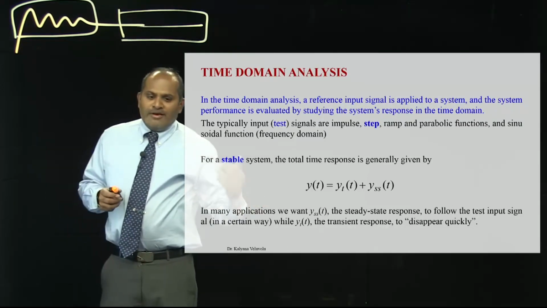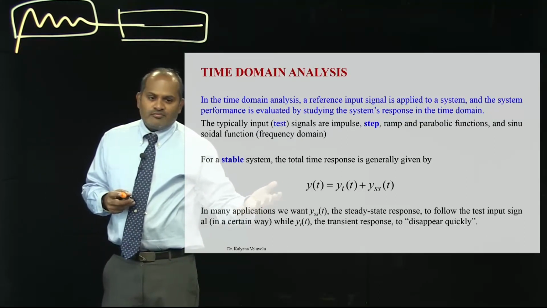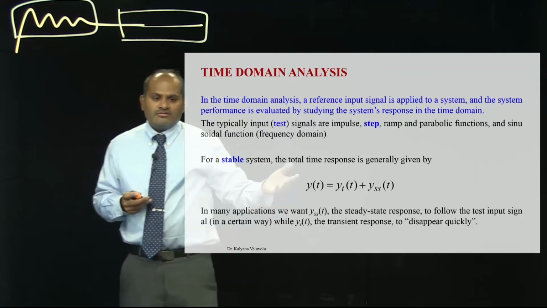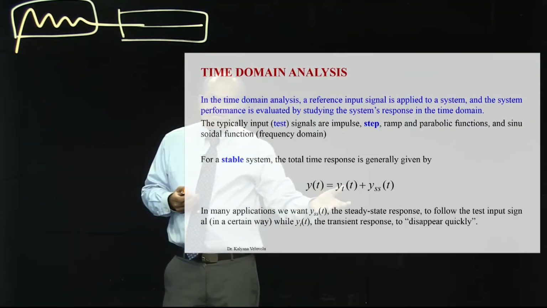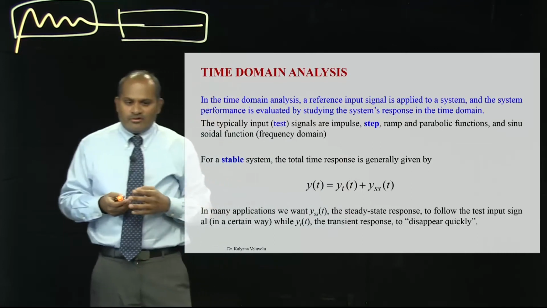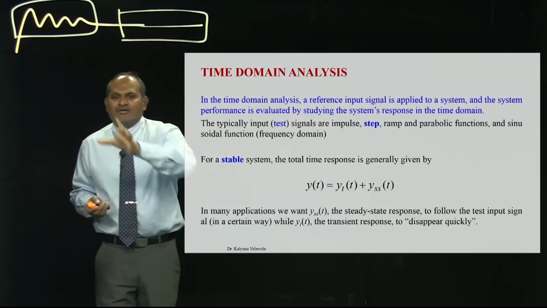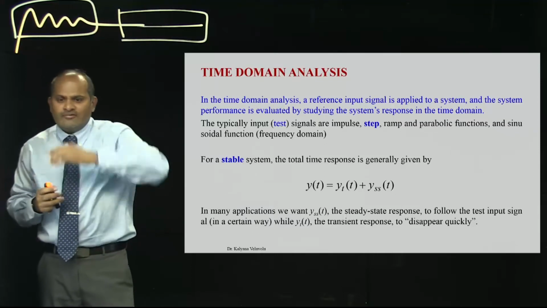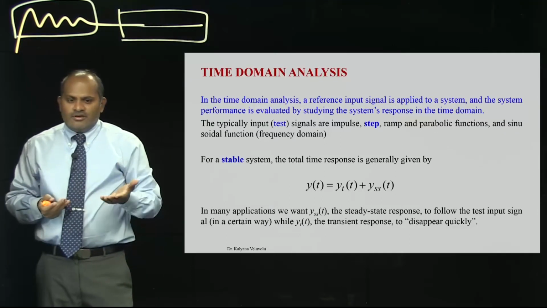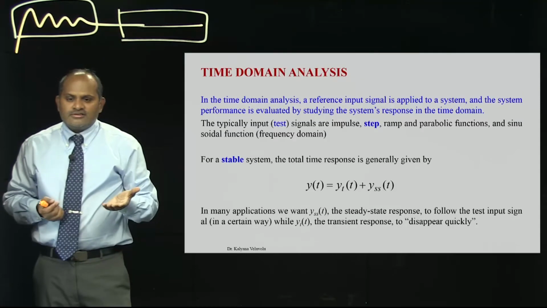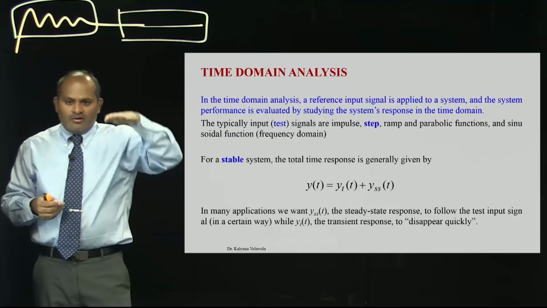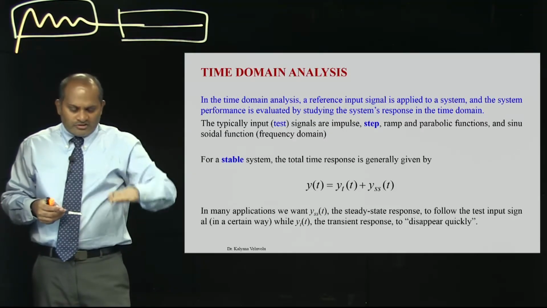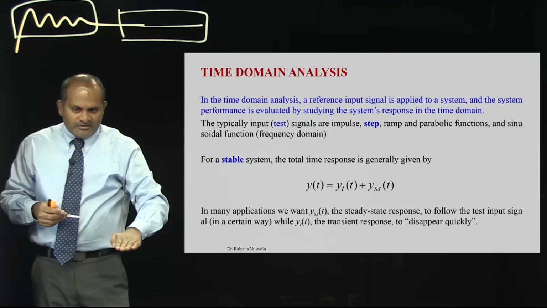In many systems, we want the steady state response to follow the step input. The transient part, we want to keep as small as possible. We want the transient part to die quickly. If you remember your experience in an elevator, when it moves from one floor and stops, it makes some slight vibration and stops.